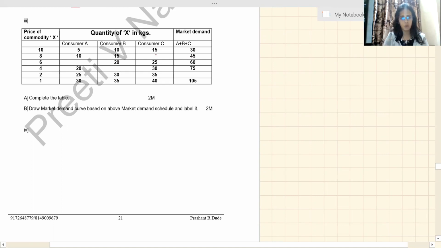We want this figure, but the total should be 45. So 45 minus 25, you will get 20. So if you take the total 10 plus 15 plus 20, you will get 45.